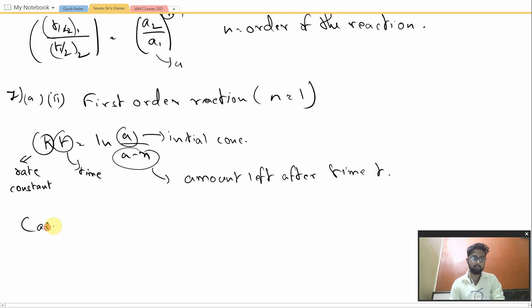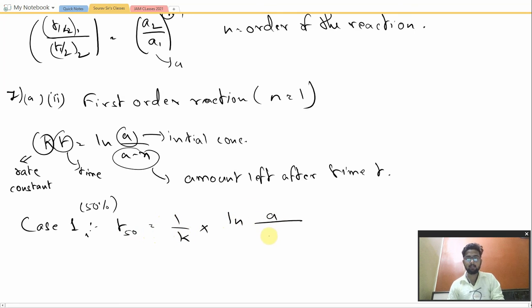So case 1, k is not known to us, so we will keep it like that. We have to calculate the t only, so we will keep the t here. The first case considers 50%, so we will consider this t as t50, which is basically t half. So t50 is equal to 1 by k into ln of A by (A minus x).